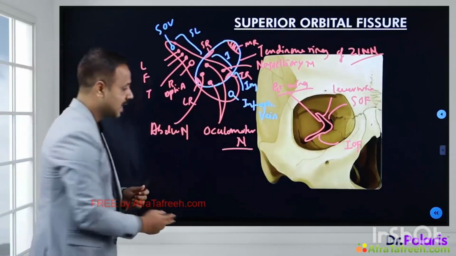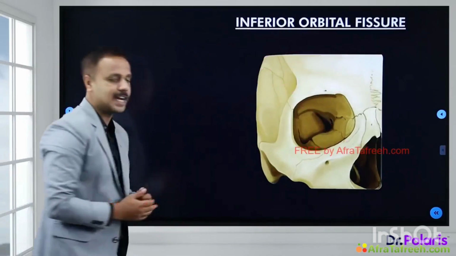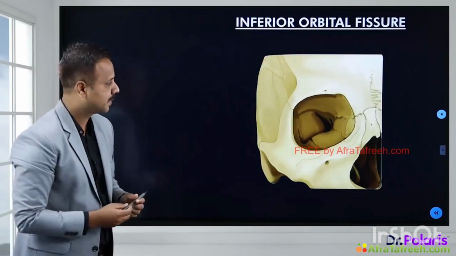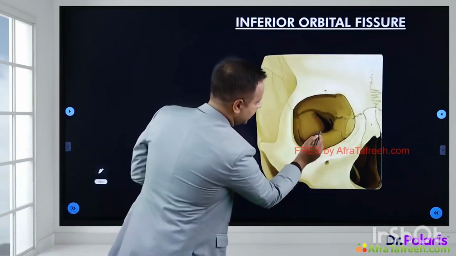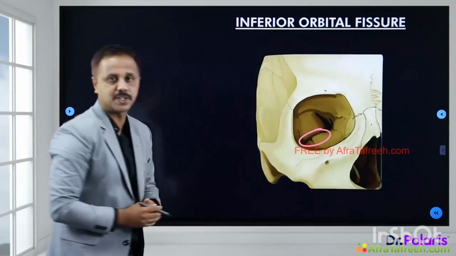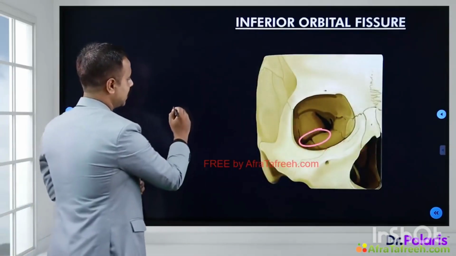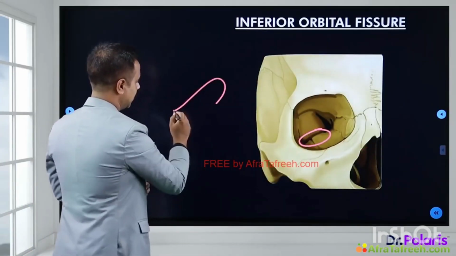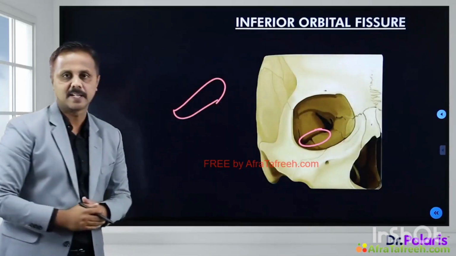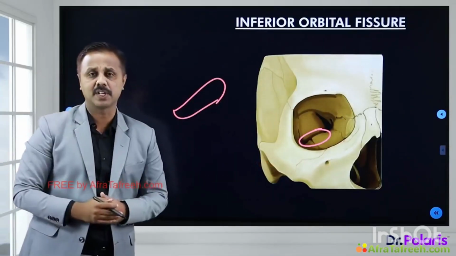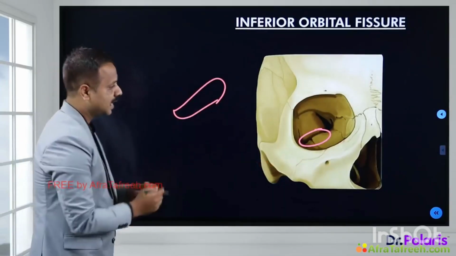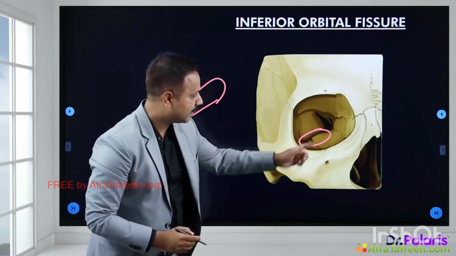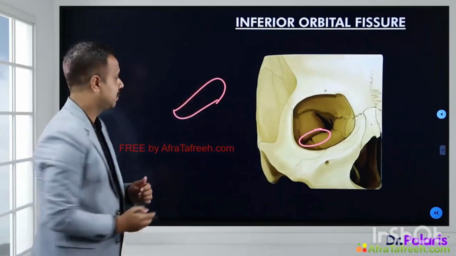Once we have learned this, let's focus on the anatomy of the inferior orbital fissure. As we have already identified, this is the inferior orbital fissure. It will look like this. The inferior orbital fissure is bounded above and below by 2 important bones.